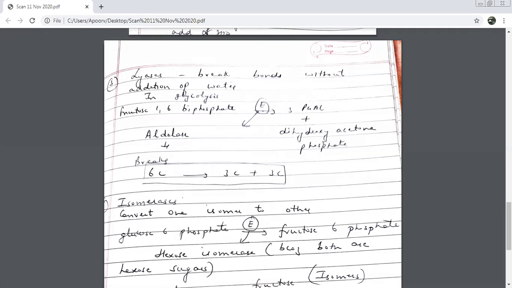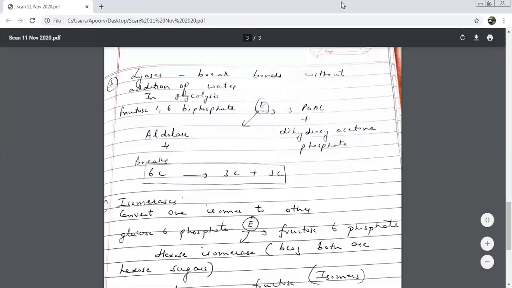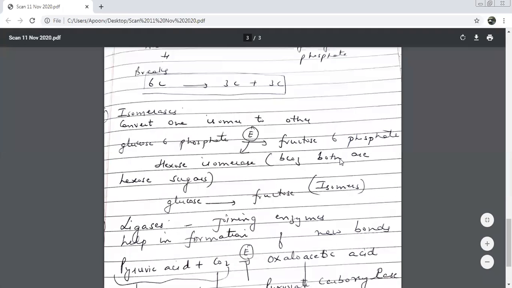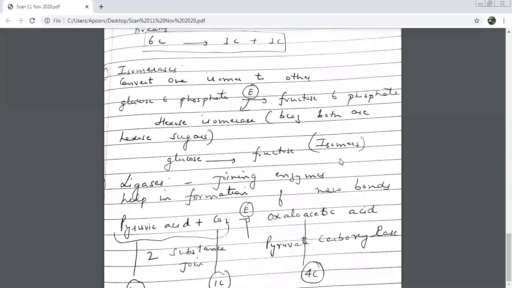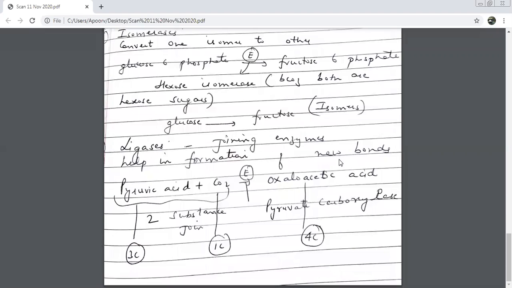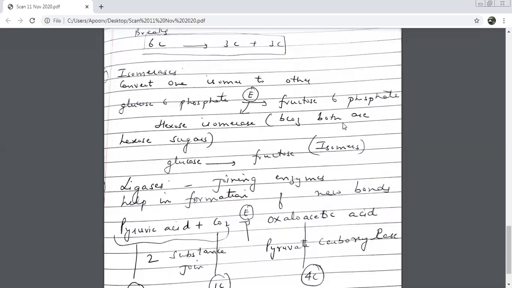Should I show you the last category now, or you want to see this only more? And last one. Isomerization. Yes. Whenever you study with examples, things will always be easier for you.